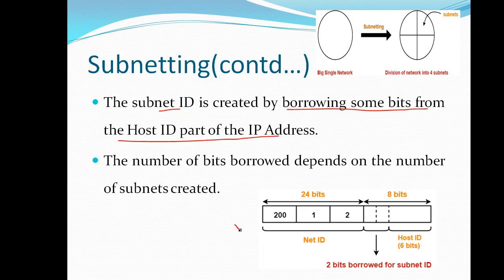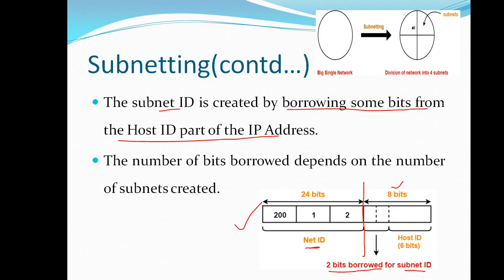Here is an example. This is a class C network address. For class C, the first three octets represent the network ID part and the last octet represents the host ID part. In the last octet we have only 8 bits. Out of the 8 bits, we are going to borrow 2 bits for the subnet ID.